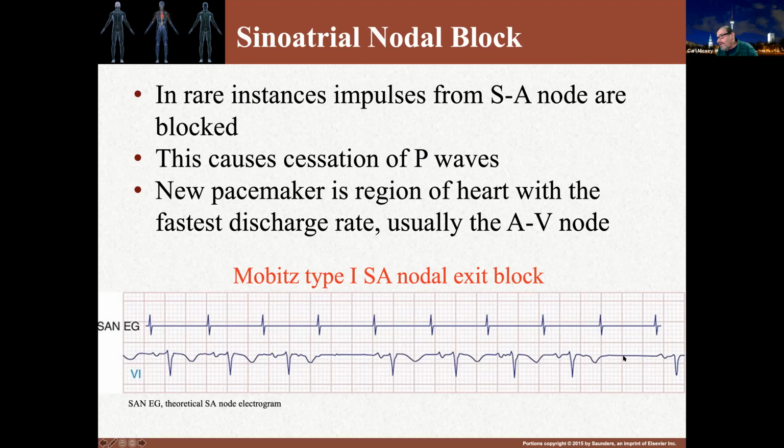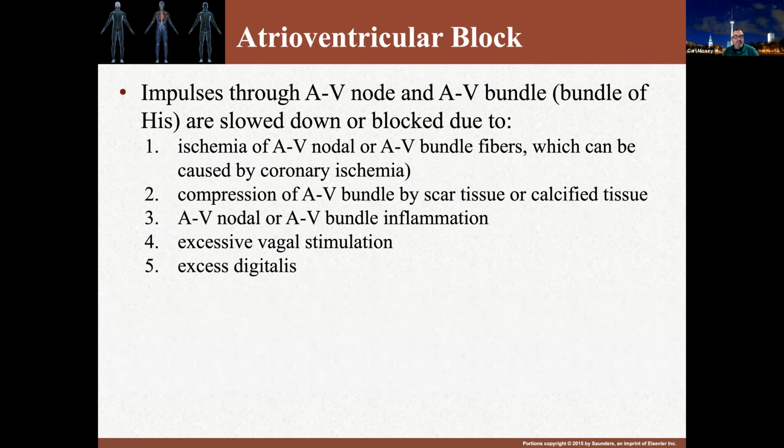And over here again, we see no P wave. If you totally cease producing P waves, you'll establish a new pacemaker area within the heart, which will take over the role.